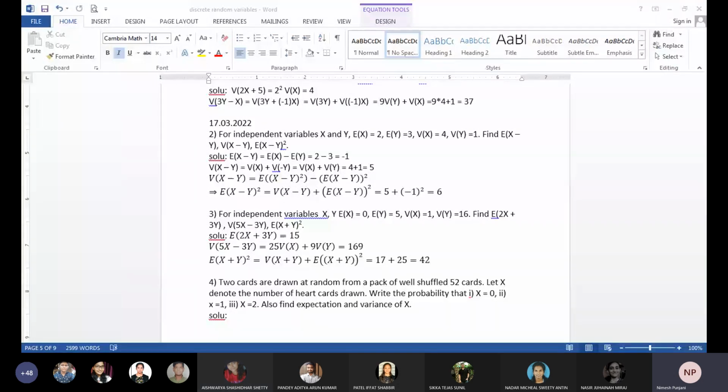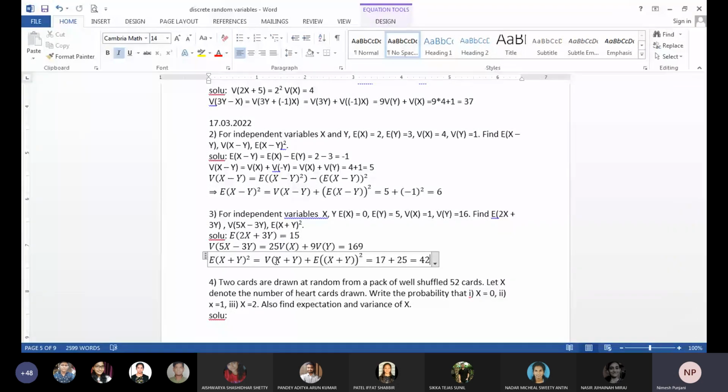Okay. Expected value of x plus y. x 0 plus 5. 5 का होल स्क्वायर. 25. हाँ, correct. Okay.